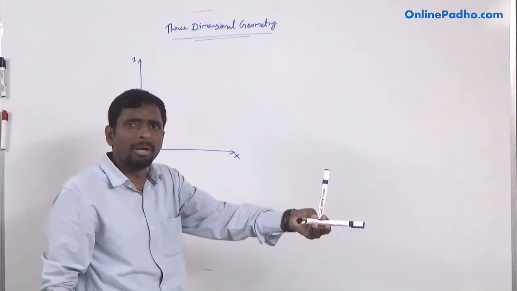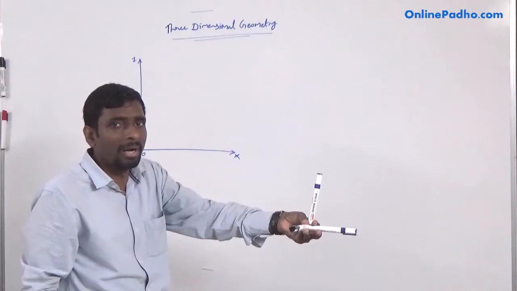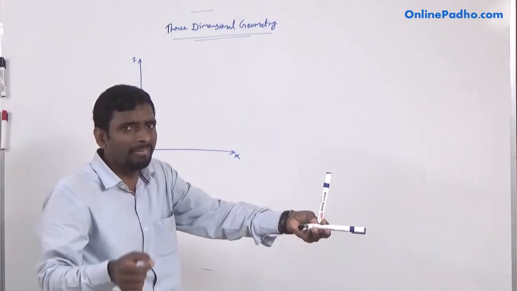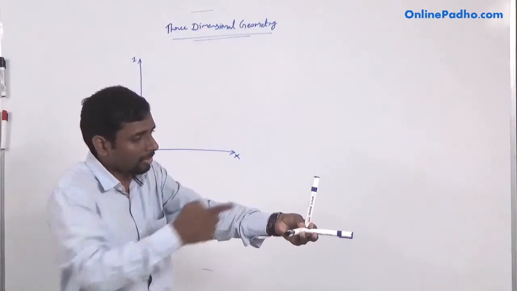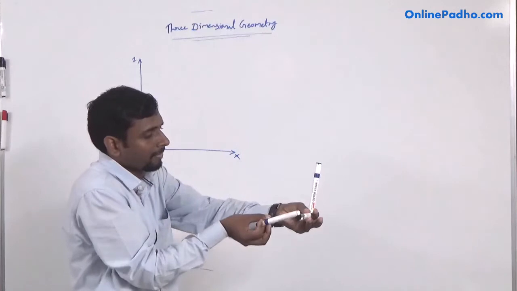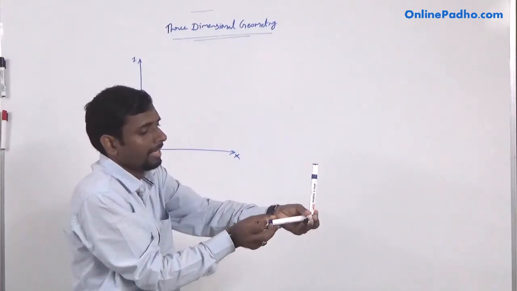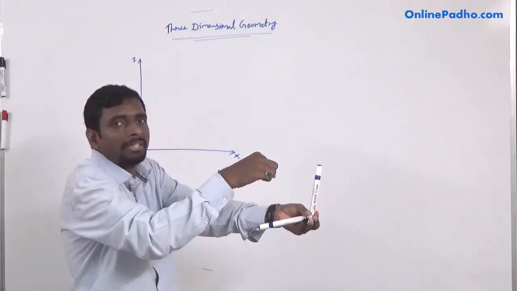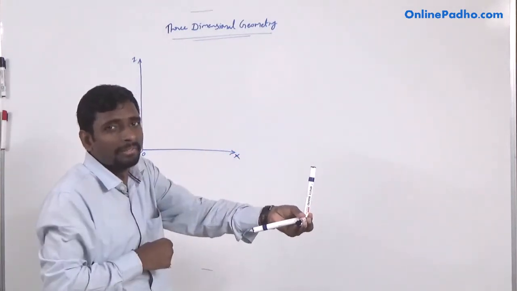But if we have the point minus 1, 2, 3, where does it lie? Minus 1, 2, 3 has a negative x-coordinate, positive y and positive z. So these are the z-axis and y-axis. The x-axis will be negative. This is the positive x-axis, and we can say this is the negative x-axis. Now the point lies in this octant. So there are 8 octants in the plane.